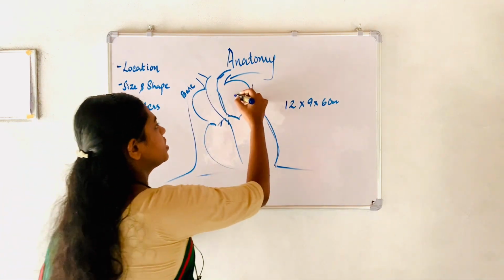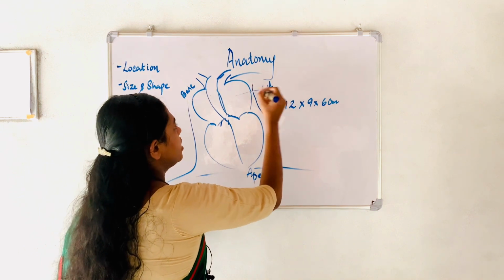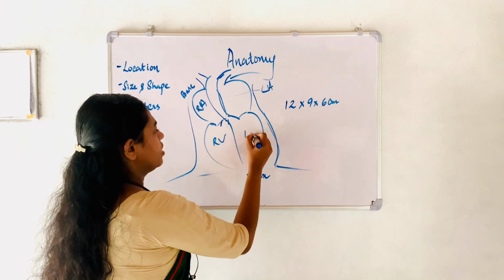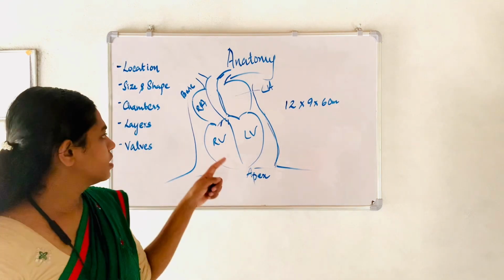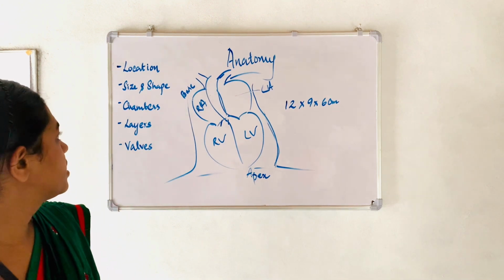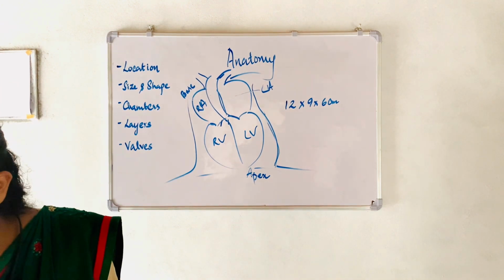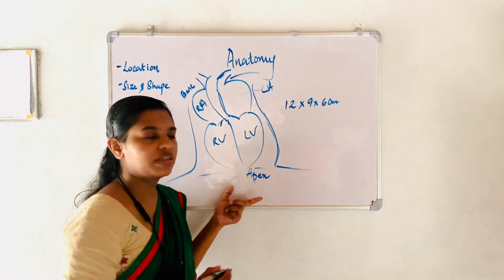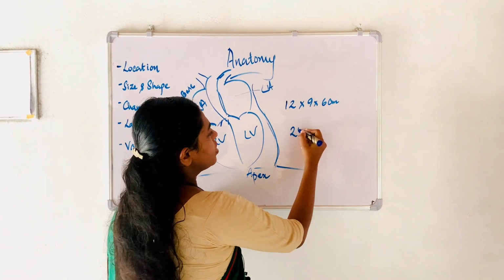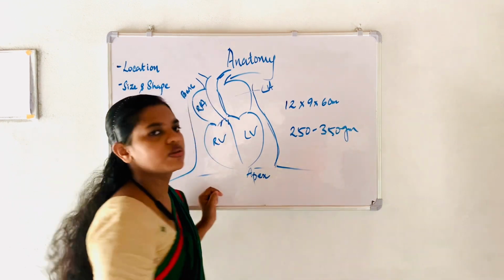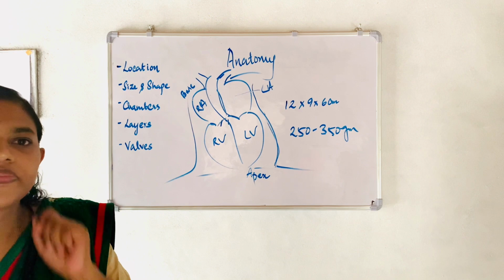So this is LA, RA, RV, LV. This is about the size and shape of the heart. So how much does a heart weigh? It is around 250 to 350 gram.